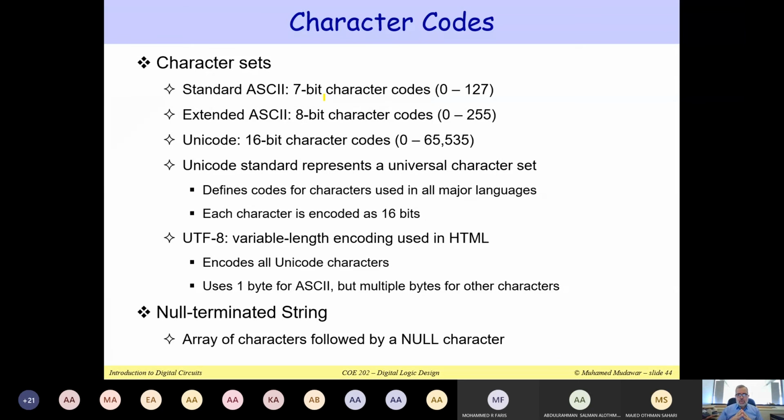For example, to deal with Chinese, Japanese, and Korean, you have more than 256 characters. These languages have a large number of characters. In English, there are only 26 letters. You can have 26 lowercase letters and 26 uppercase.